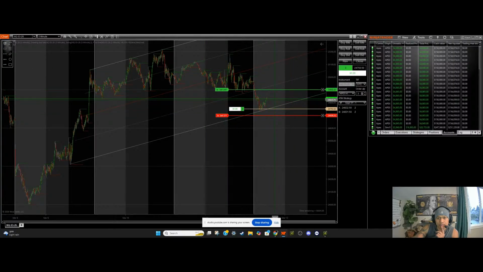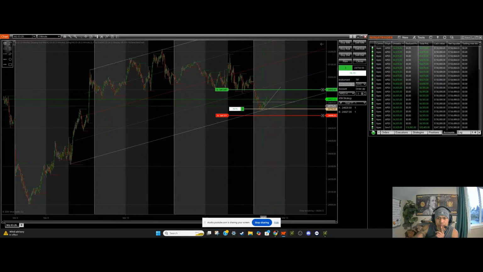Let's see here. I can foresee it pulling back to 24,800 again, pulling back right there, and continuing this trend channel here. We don't want to break this trend channel, because if we break that, then the probability of it continuing back down is pretty high.